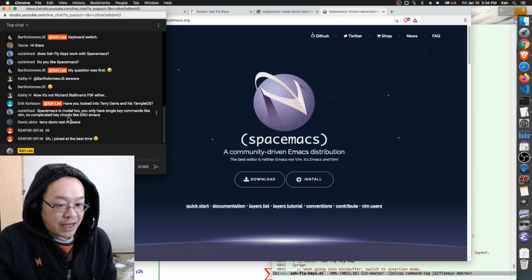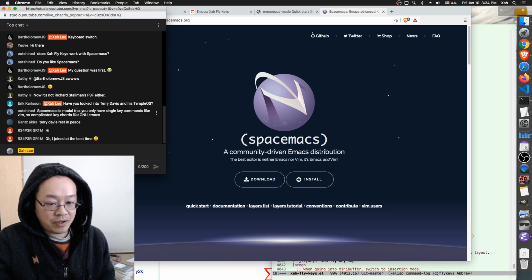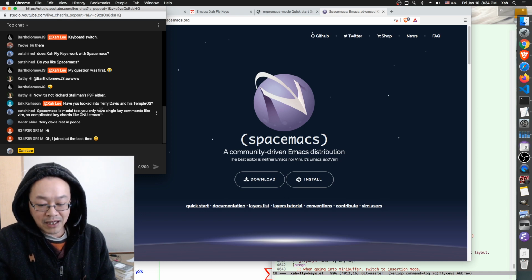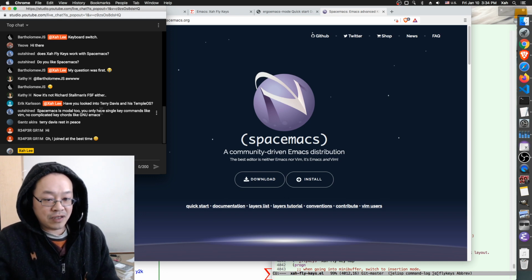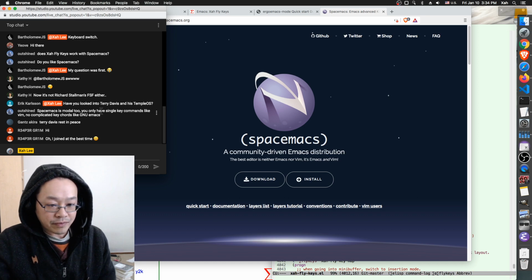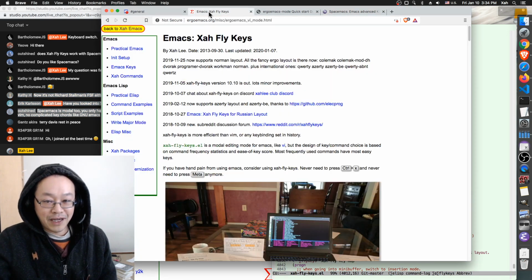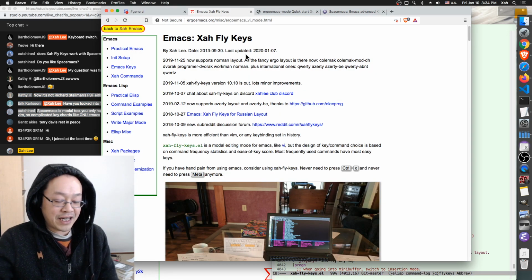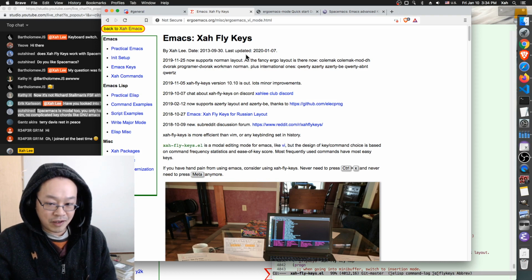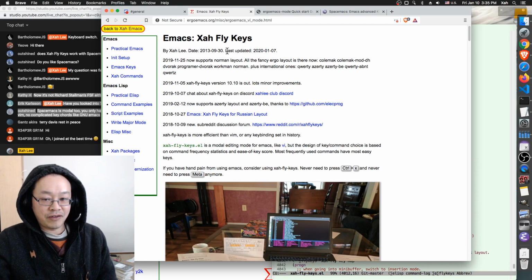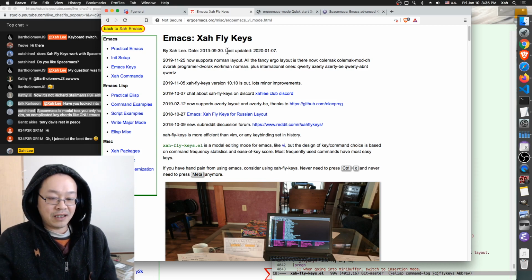So that's about that. Spacemacs is modal. You only have single key commands. Spacemacs is evil mode, using evil mode key bindings. Looks like you guys don't know these things. So let me tell you about xah-fly-keys. xah-fly-keys is modal. So why don't I just use evil mode? Because evil mode or Vim key bindings are historical.